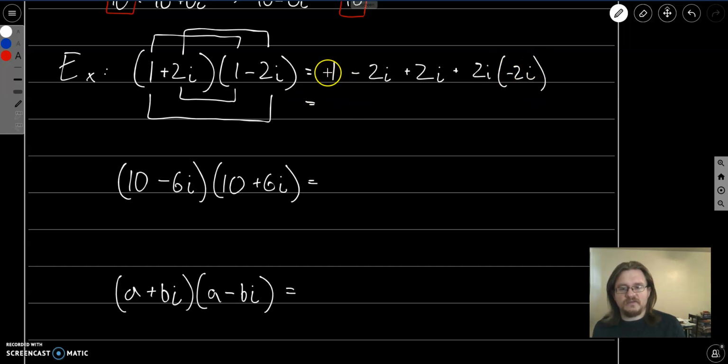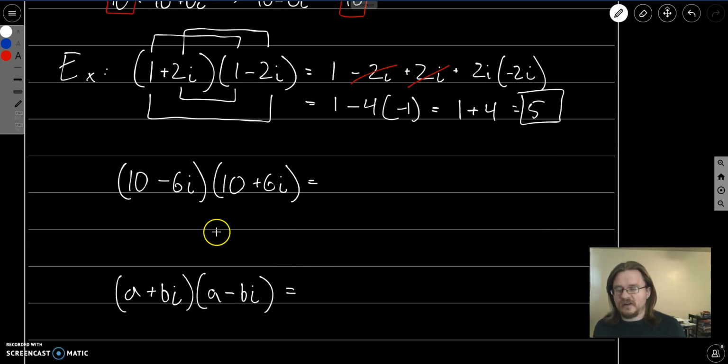As we simplify this, 1 is just 1. But what you'll see is I've got negative 2i plus 2i. Well, negative 2i and plus 2i are going to cancel out. And the only thing that I have left is back here. So I've got a 2 times the negative 2, so that's going to be negative 4. But I've also got an i times an i, which is negative 1. It's going to be 1 plus 4, which happens to be 5.